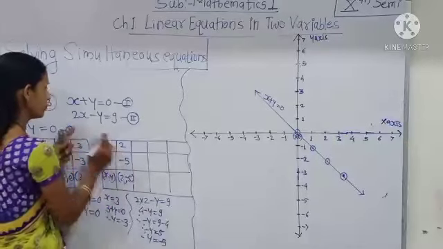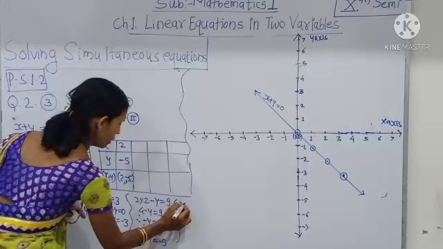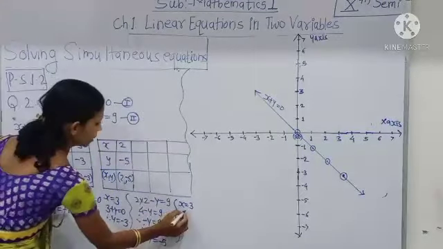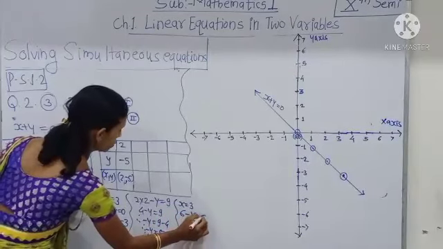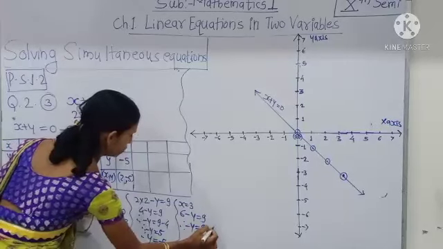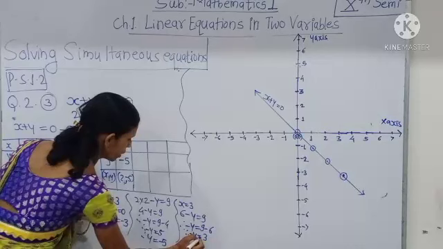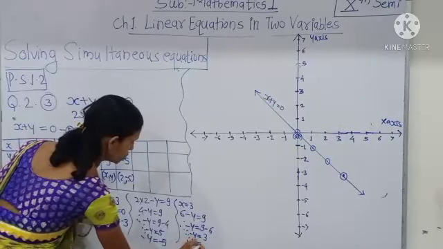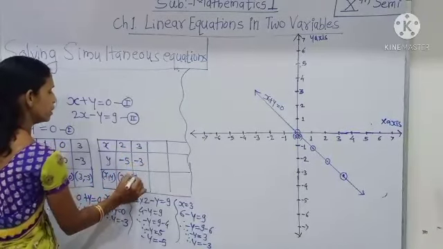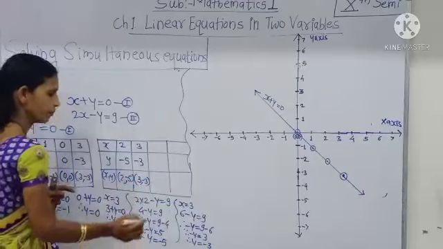Similarly, if x is equal to 3, then 2 into 3, that is 6, minus y is equal to 9. Therefore, minus y is equal to 3. Therefore, y is equal to minus 3. That is (3, -3), the second ordered pair.